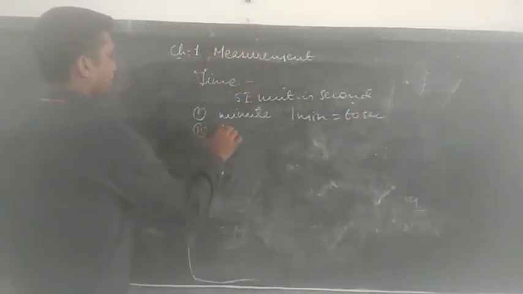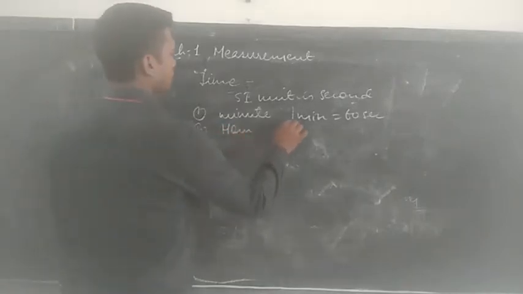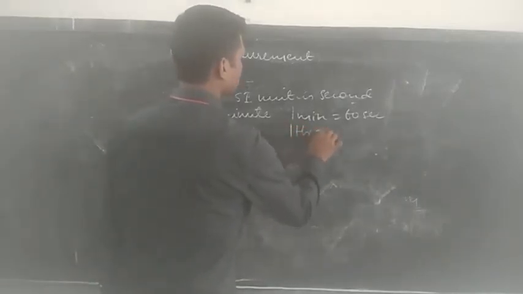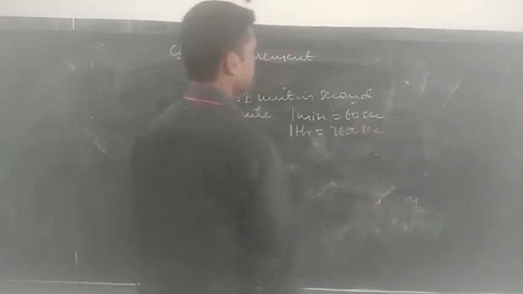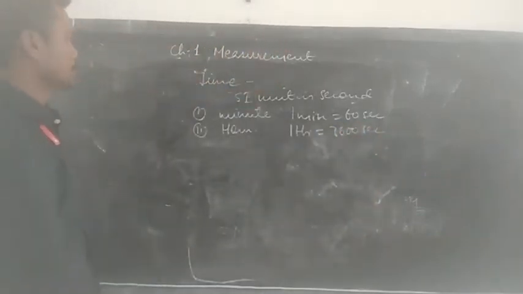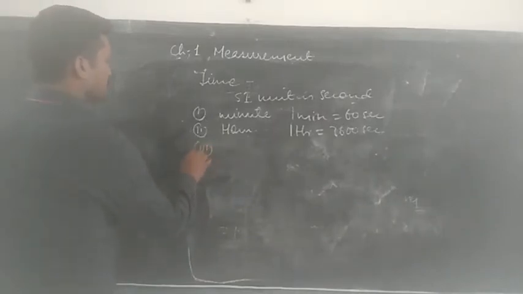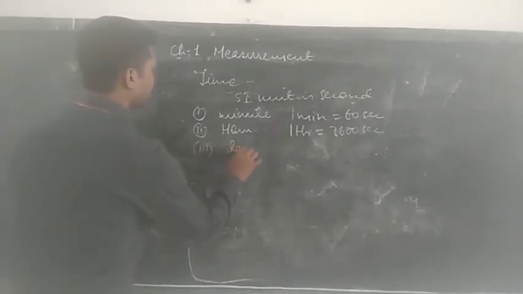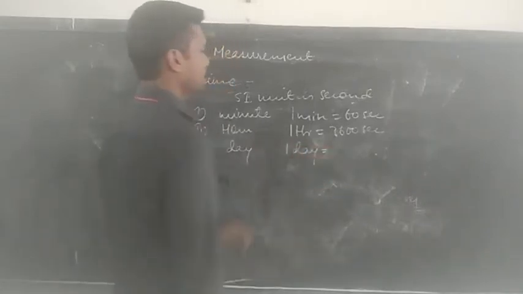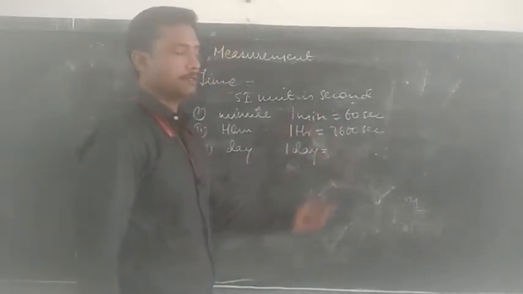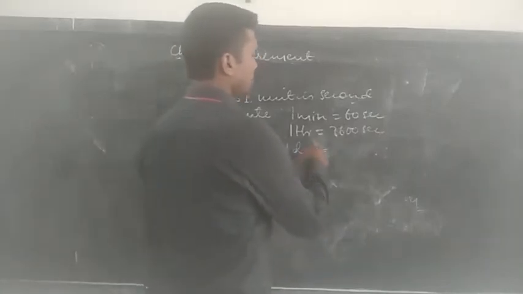Then we can have hour, and 1 hour is equal to 3600 seconds. We can also express time in terms of day. How can we convert day into second?